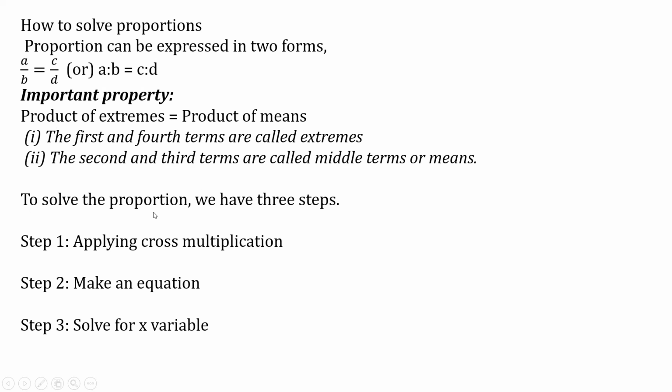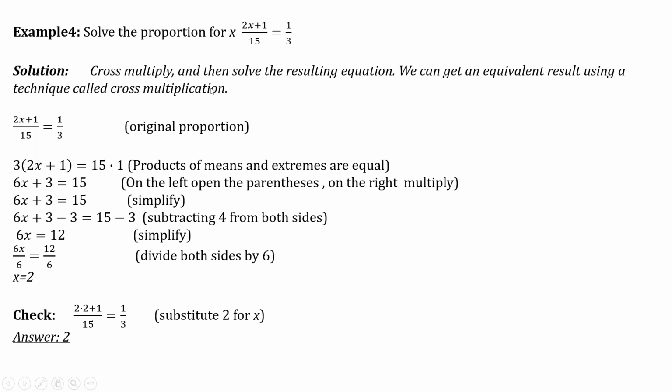To solve proportions, we have 3 steps. Apply cross multiplication, which means we multiply A and D, B and C. Make an equation, and solve for the variable x. Solve this proportion for x. We need to cross multiply and then solve the resulting equation.